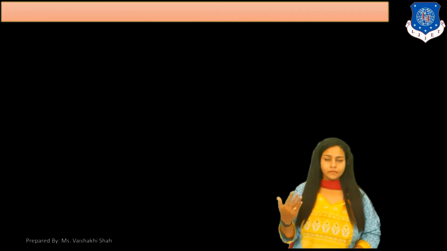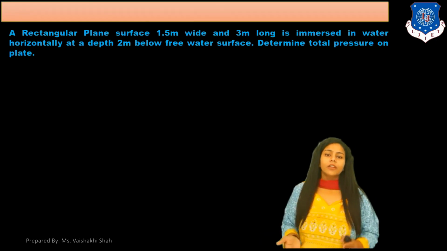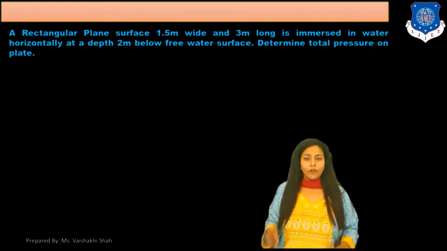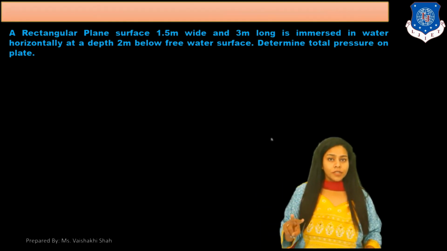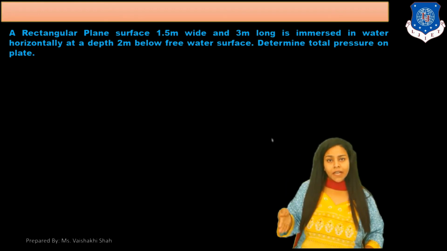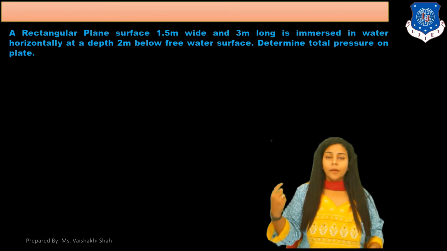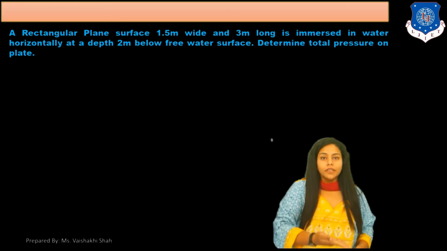Now our another example: a rectangular plane surface 1.5 meter wide and 3 meter long is immersed in water horizontally. Remember that we derived two theories, first for vertical member and second for inclined immersed member. Here a plate is given to you which is immersed horizontally.